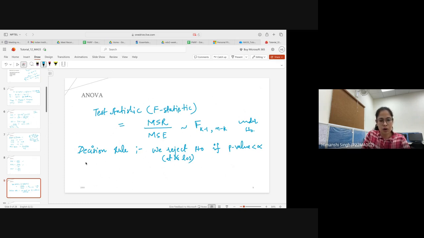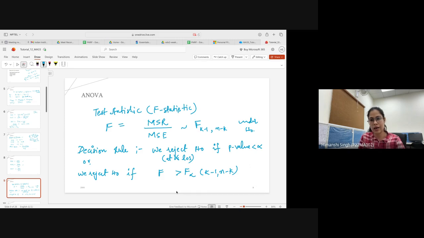Or we reject H naught if, naming the statistic F, F is greater than F alpha with k minus 1 comma n minus k. So we have F tables, the distribution tables. We have the standard normal table, the chi-square table, the F distribution table.